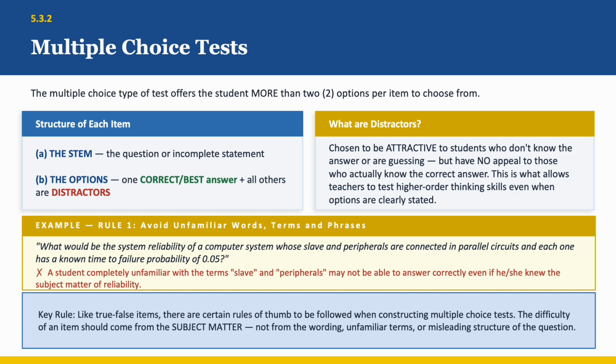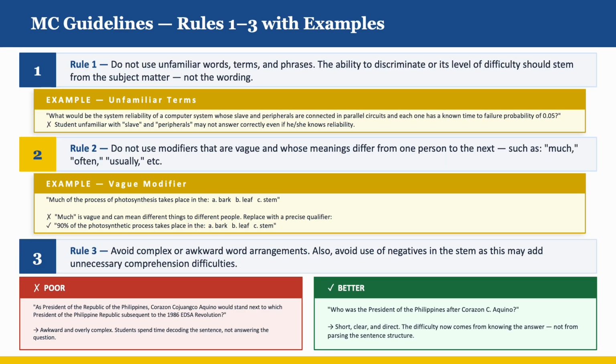Okay, rule number 1. Do not use unfamiliar words, terms, and phrases. So, the ability of an item to discriminate between students who know and those who don't should come from the subject matter, not from the vocabulary. That's what I've mentioned earlier. So, here's the example.